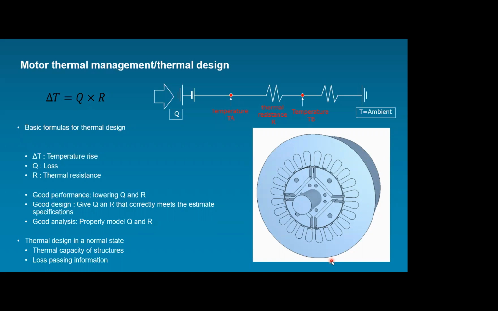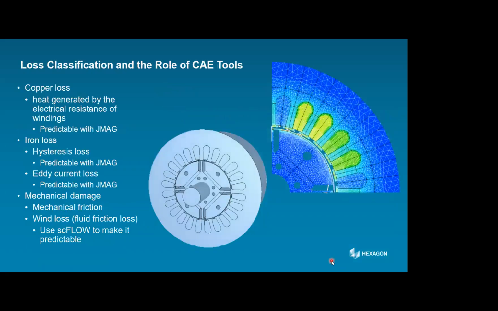By modeling in the exact ways the losses and the thermal resistances, we get a very realistic simulation. And then obviously we already talked about the losses we can have in our system, and the losses can be calculated by different software depending on the physics we are evaluating.